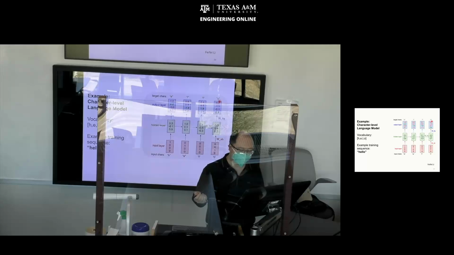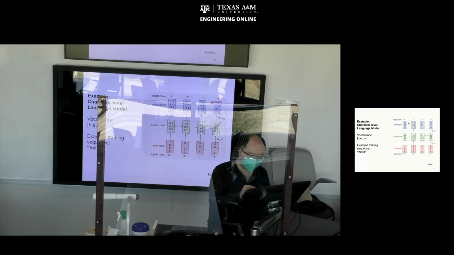So for that, I need to learn W for x, W for h, and W_hh. I need to learn these W's so that these numbers eventually reach the optimum of the loss function and can reproduce ELLO.